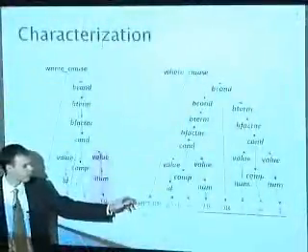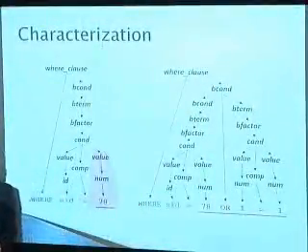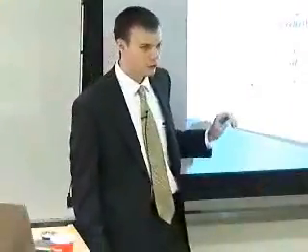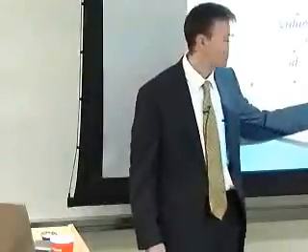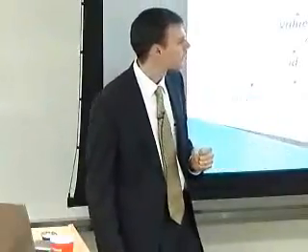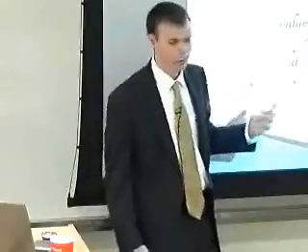So, characterization. Across the bottom here is the conditional clause from the attack query that I showed earlier. And across the bottom here is the conditional clause from a similar query, except made with an example of an expected input. Above them is the parse tree according to the SQL grammar.